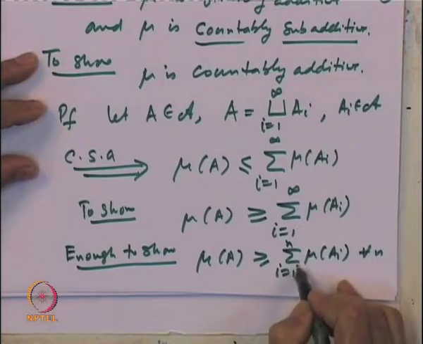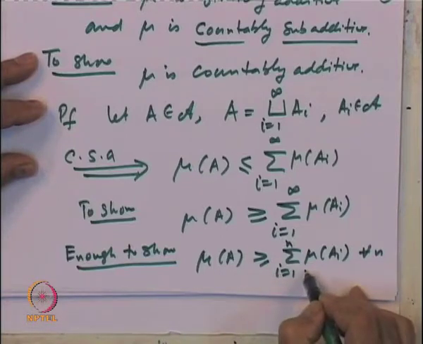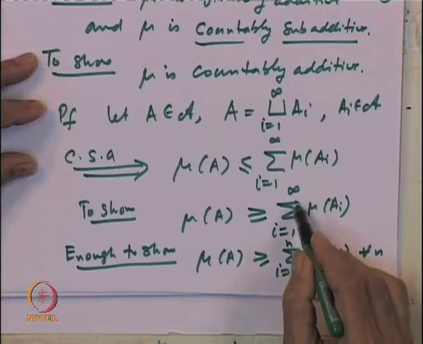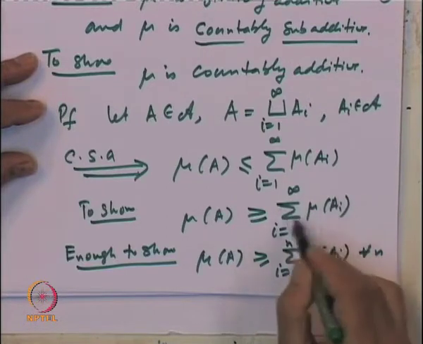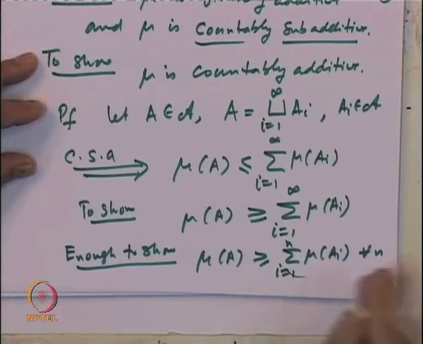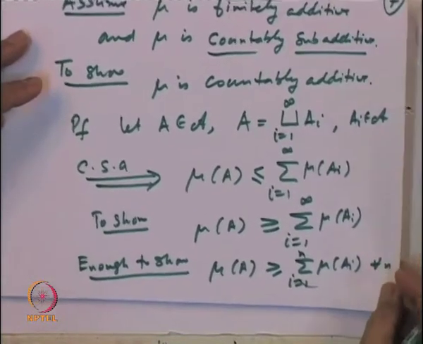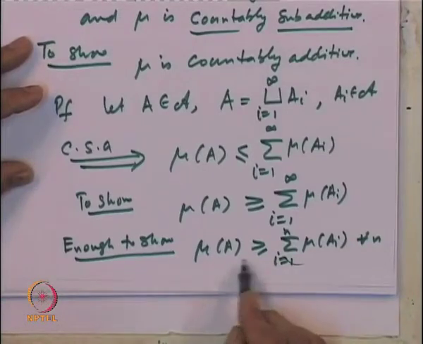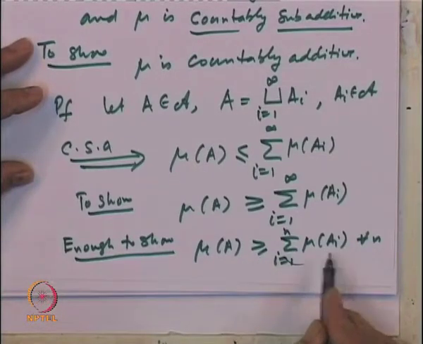So, if we can show for every n mu of A is bigger than or equal to this, then it also will be true for i equal to 1 to infinity, because this is nothing but the limit of these partial sums. So, this is enough to show. So, we have to only show that mu of A is bigger than or equal to sigma mu of A_i, i equal to 1 to n.